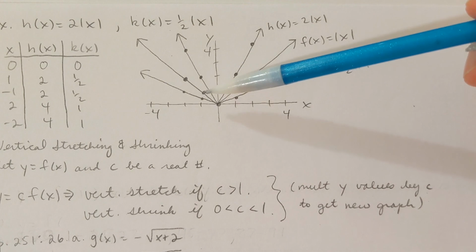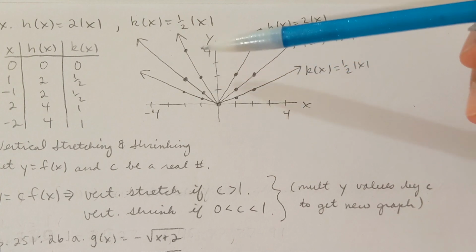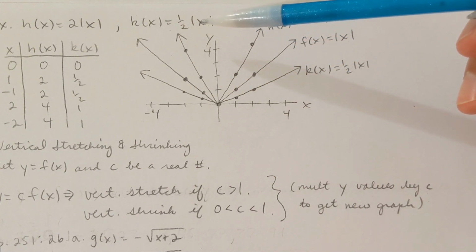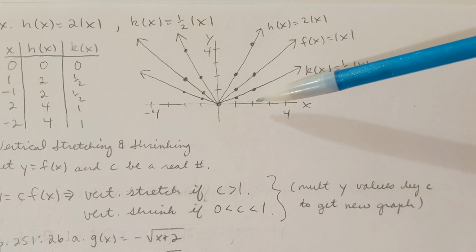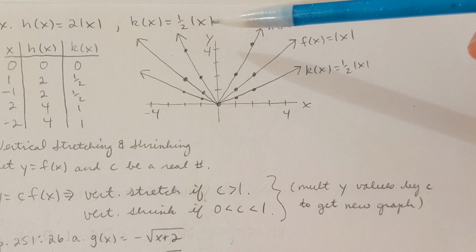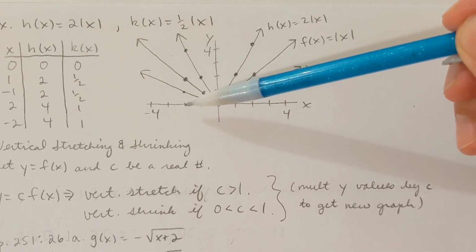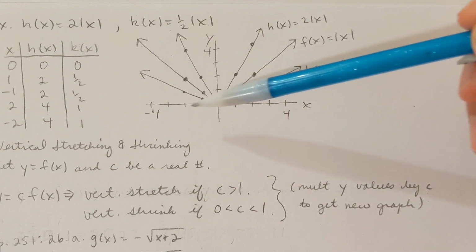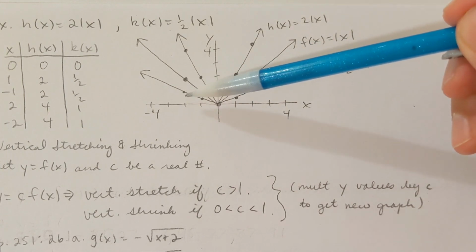Negative 1, 1, when I multiply the y value by 1/2, I get negative 1, 1/2. And negative 2, 2 means that when I multiply the y value by 1/2, I get negative 2, 1. And here's 2, 1. And then 2, 2 goes to 2, 1.